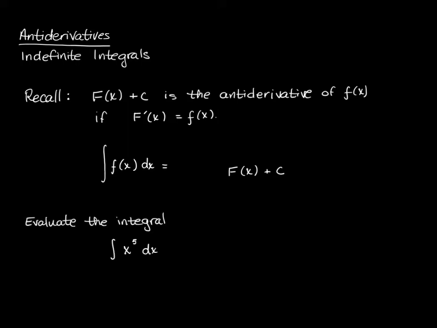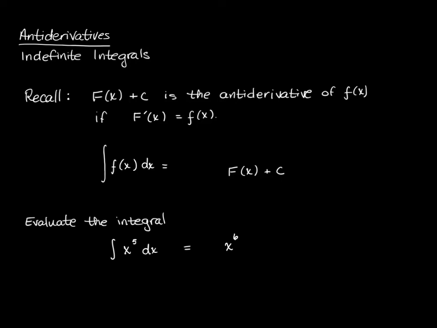Okay, so let's try another example. Evaluate the integral of x to the fifth dx. What we want to ask ourselves here, since integrals and antiderivatives are essentially the same thing, is whose derivative is x to the fifth? Again, we know that when you take the derivative of a function and you end up with an x to the fifth, you must have started with an x to the sixth.